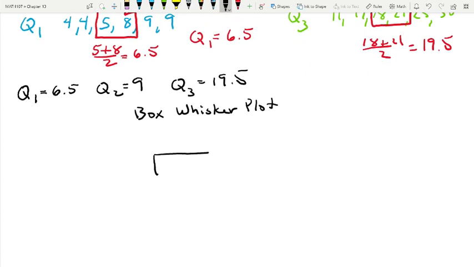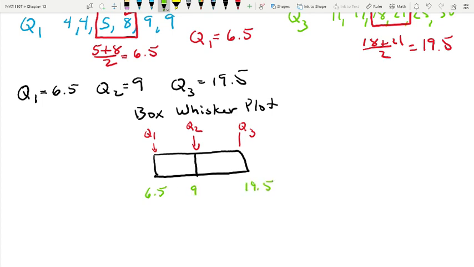And so we get our box here. And the way things correspond here is this is Q1. This is Q2. This is Q3. So for me, my numbers here are going to be, this is 6.5, this is 9, this is 19.5.